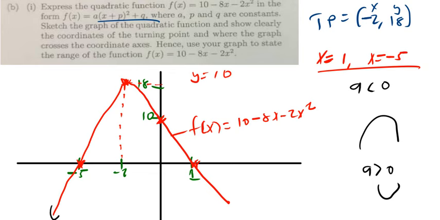So the range is from negative infinity to 18 included, because that's where the graph is turning.